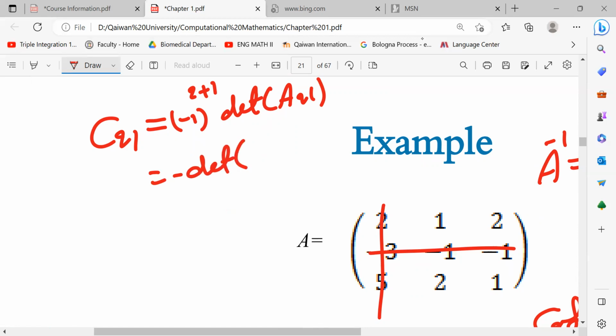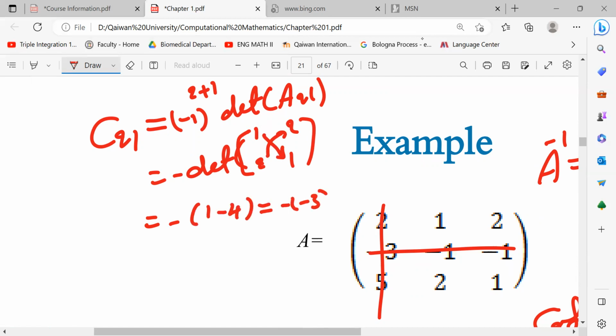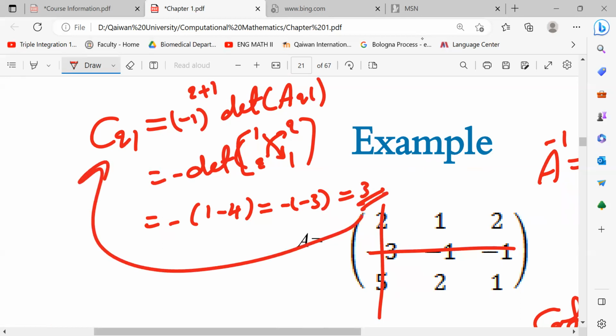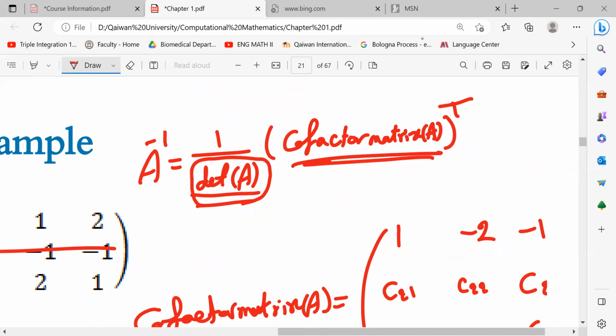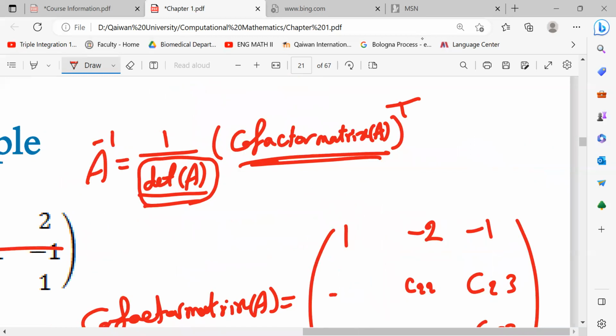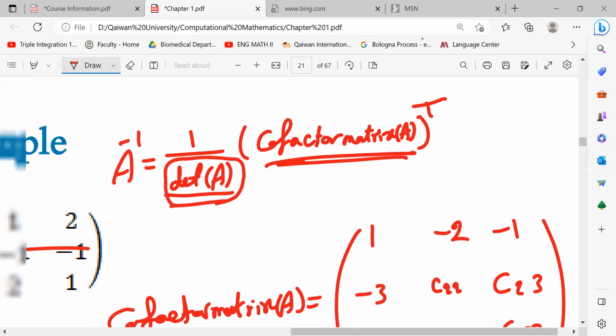We remove this row and column and we get 1, 2, 2, 1. The determinant of this matrix is multiplying these two minus multiplying these two, which is 1 minus 4. We get -3, and with the sign that is 3. What's this? It is C21. So C21 is -3.